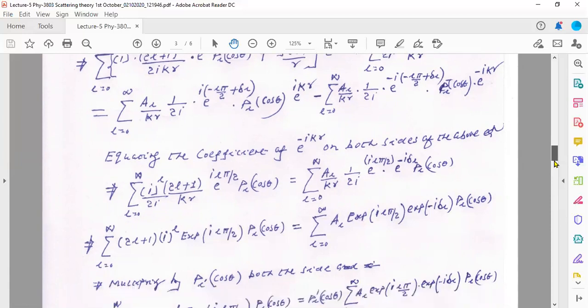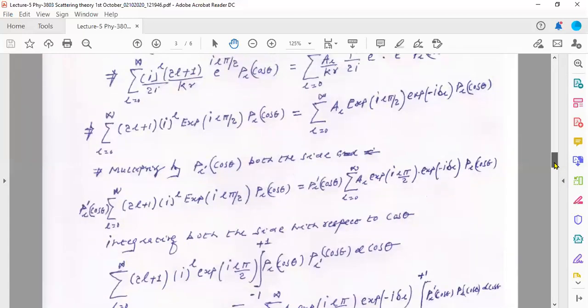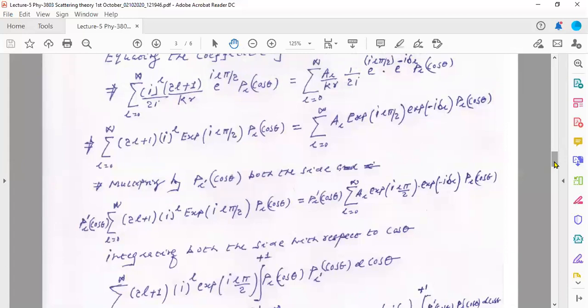Now I multiply this equation on both sides by P_l' cos theta. After multiplying, you integrate with respect to cos theta on both sides. Basically, I want to use the orthogonality property of the Legendre polynomial.